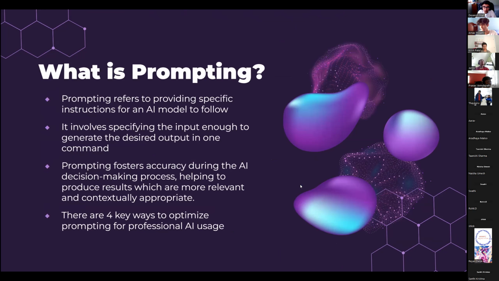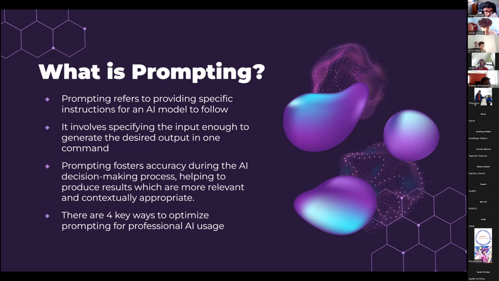So what is prompting? Prompting refers to providing specific instructions for an AI model to follow. It involves specifying the input enough to generate the desired output in one command. So providing specific AI prompts avoids vague replies, and it ensures that the user can get a distinct answer, a direct response, and a thorough response that is tailored to your needs.